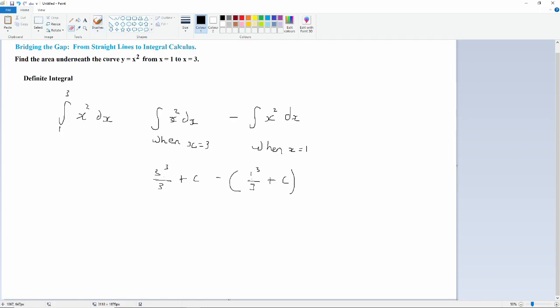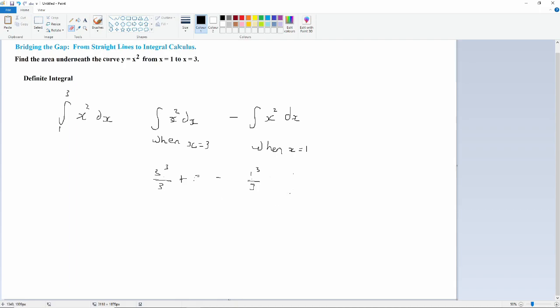So if we get rid of the brackets, we're subtracting the 1/3, but we're also subtracting the c. Plus c minus plus c is 0. So the c's actually cancel out. So we can completely ignore the plus c's when we deal with the definite integral.